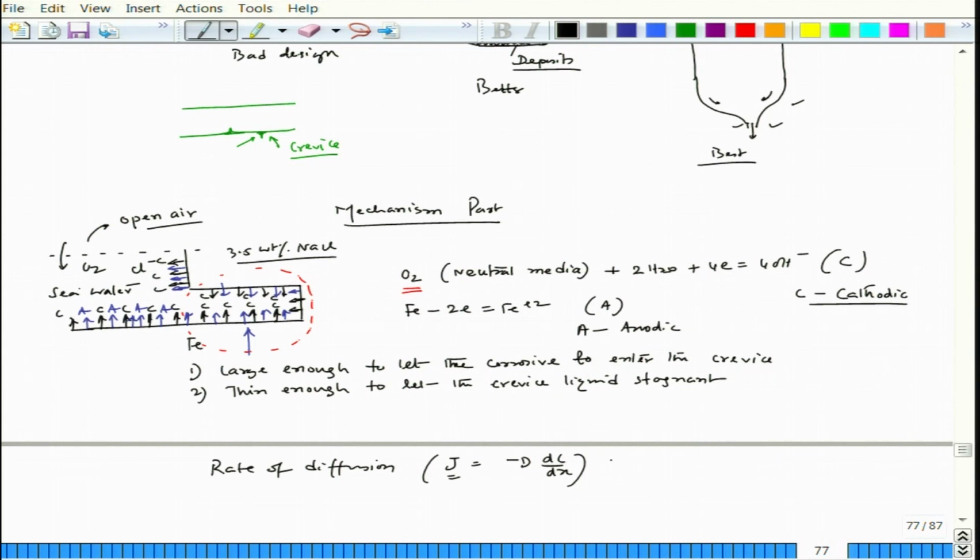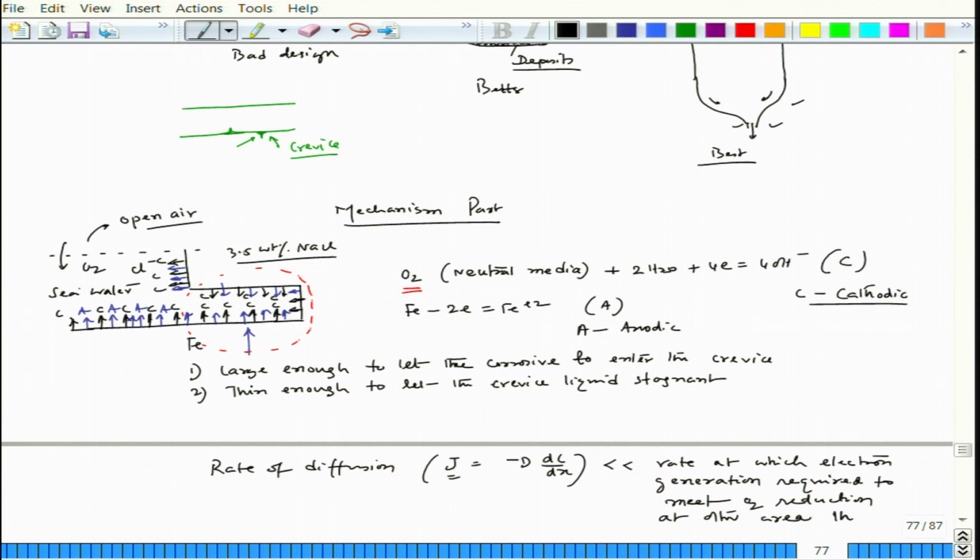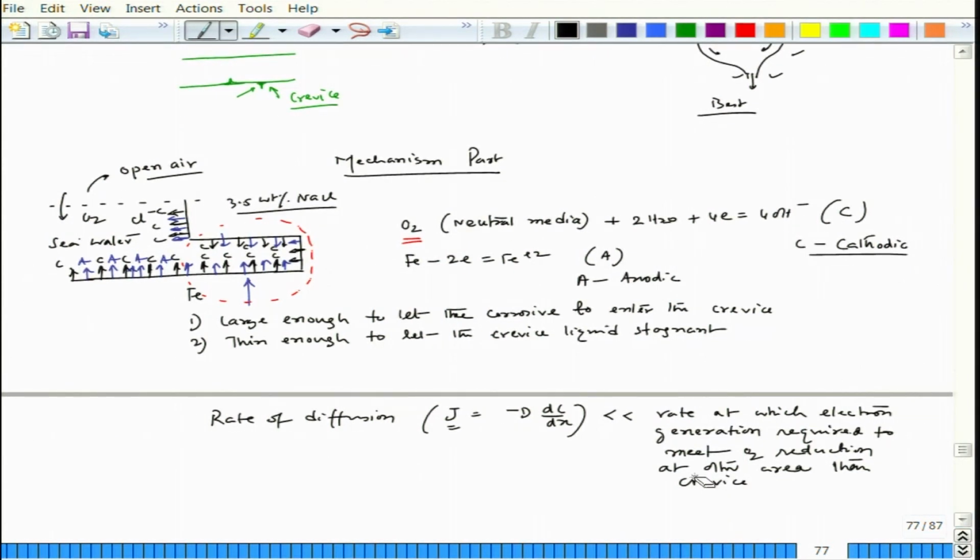That is much lower than the rate of electron generation required to meet oxygen reduction at other areas than the crevice.